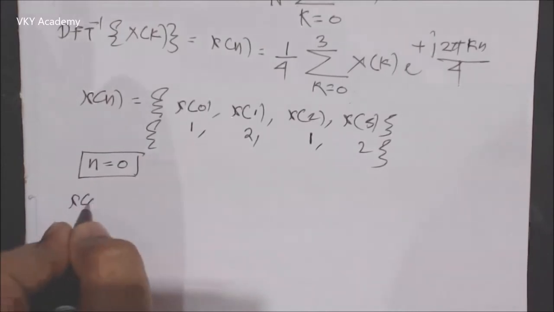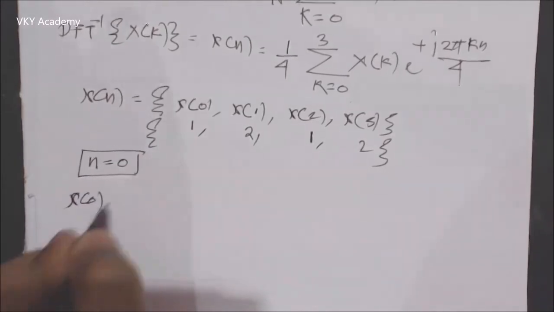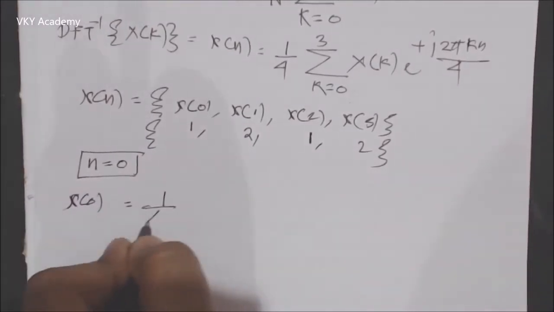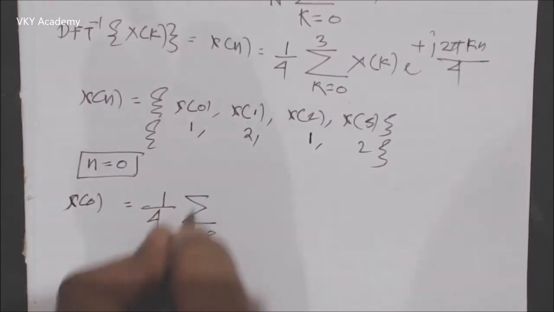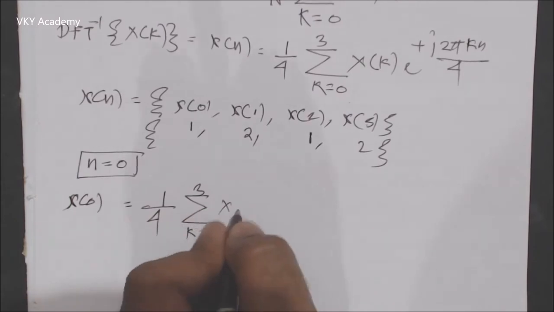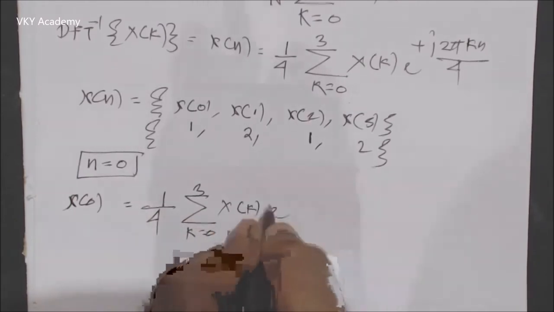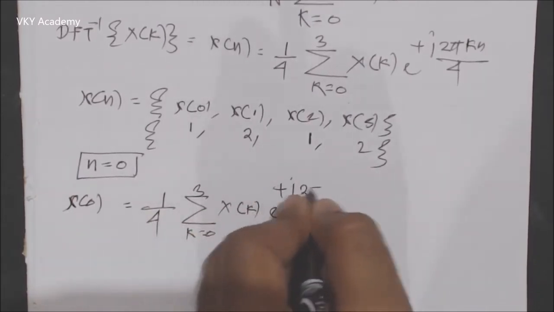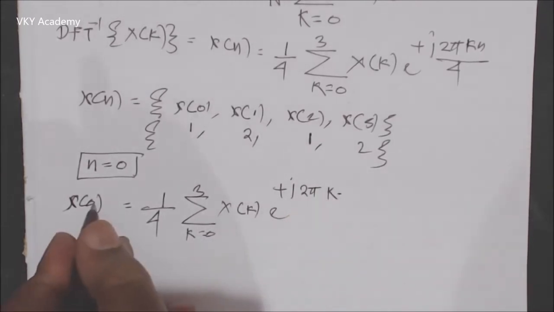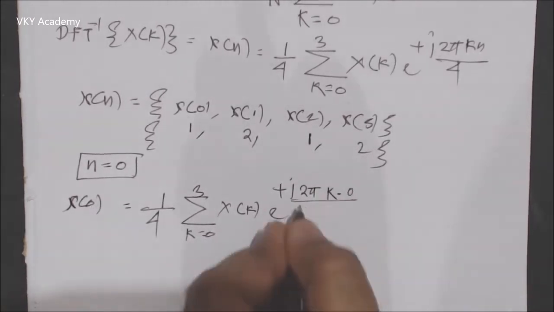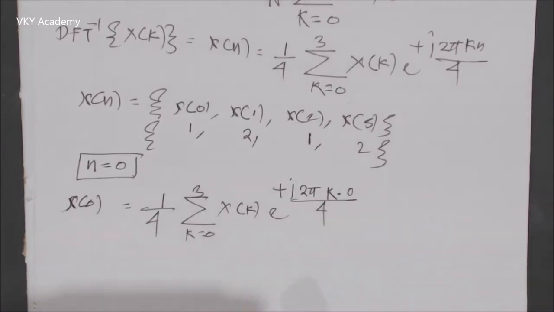So x of 0 will be equal to 1 upon 4 summation k is equal to 0 to 3 X of k e to the power plus j 2 pi k into, as n is equal to 0, 0 upon 4, which is equal to 1 upon 4.